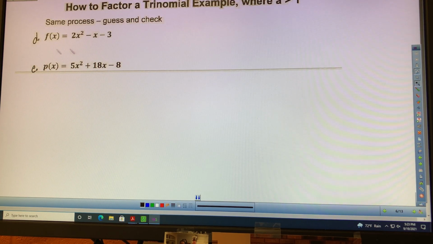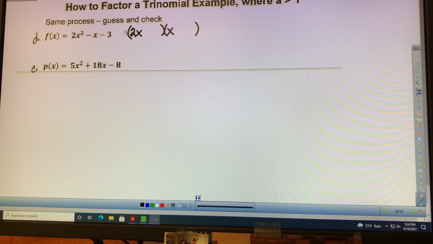Okay, what if you have a leading coefficient greater than 1, like 2x squared minus x minus 3? The only thing that multiplies together to give me 2x squared is a 2x and an x.